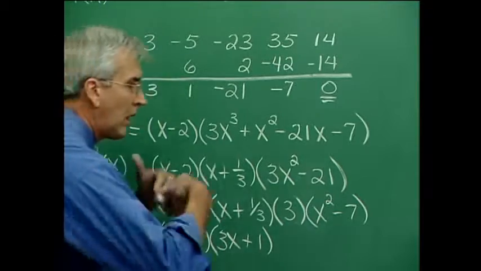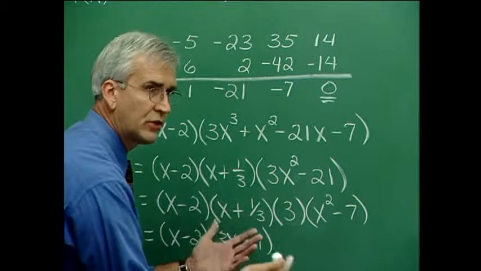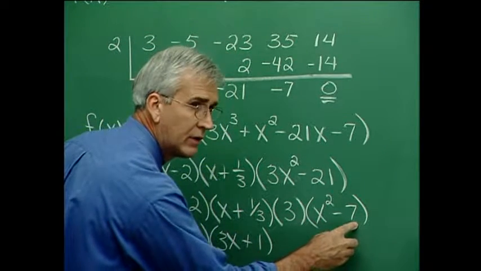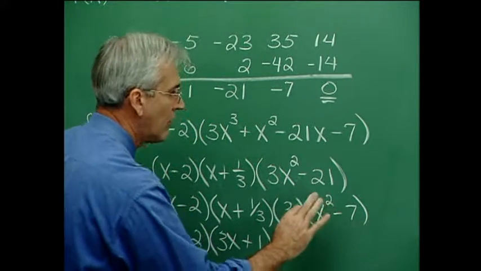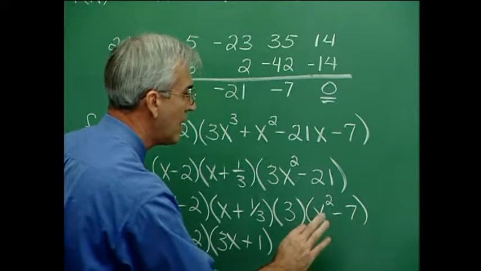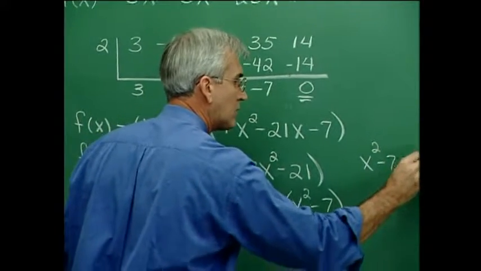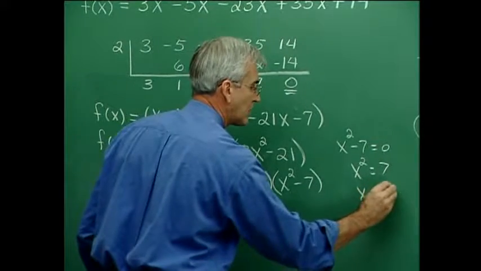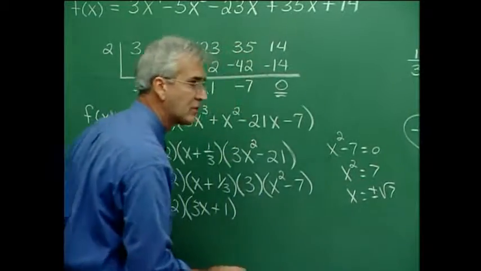Now, we ought to be getting more and more familiar with this kind of situation where we have a non-square in this position, and we will very quickly be able to imagine the factored form of this. But just to go through the routine one more time, it's the idea of setting x squared minus 7 equal to 0. And so x squared is 7, and x then is plus or minus the square root of 7. And then x minus each of those is a factor.